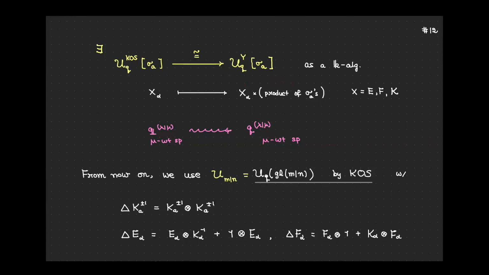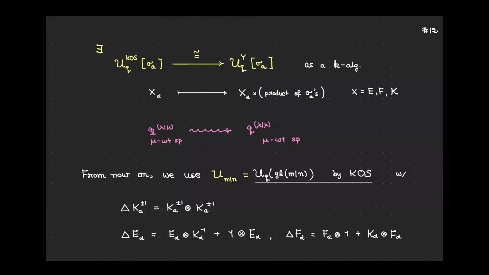When you consider the action of this algebra, for example, a representation of this quantum group, and then pull back the action to this one, then the weight space is exactly replaced by the weight space where the Q function is replaced by this bold Q function.